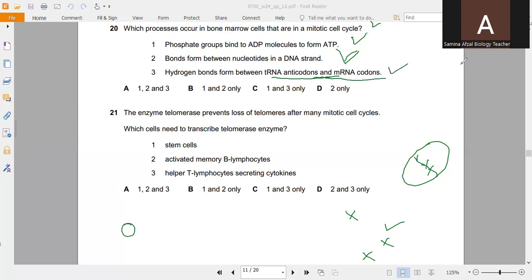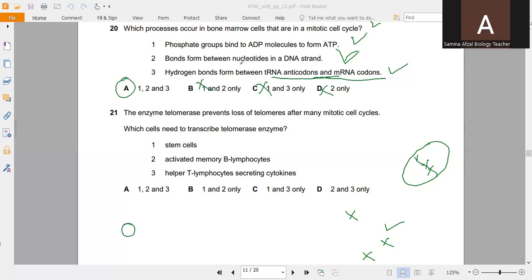So this is again the correct option. According to this, A is correct. B, C, and D are not the correct statements. We are moving towards the next question.